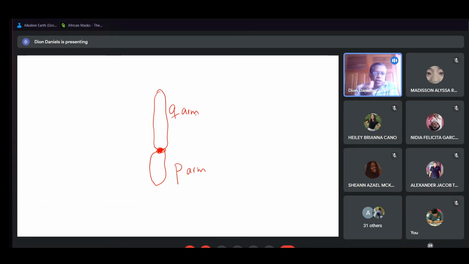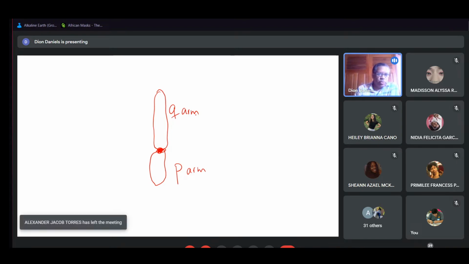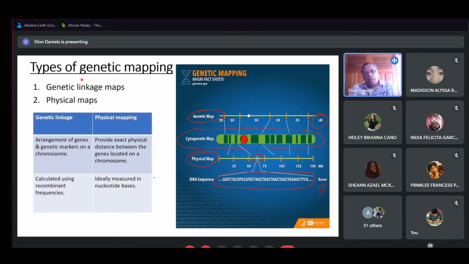So this just gives you an idea of the chromosome itself, where the centromere is located, the long arm, the short arm, and of course, subregions of this chromosome. That would be the cytogenetic map. The cytogenetic map doesn't give you much detail in terms of where genes are located on the chromosome.